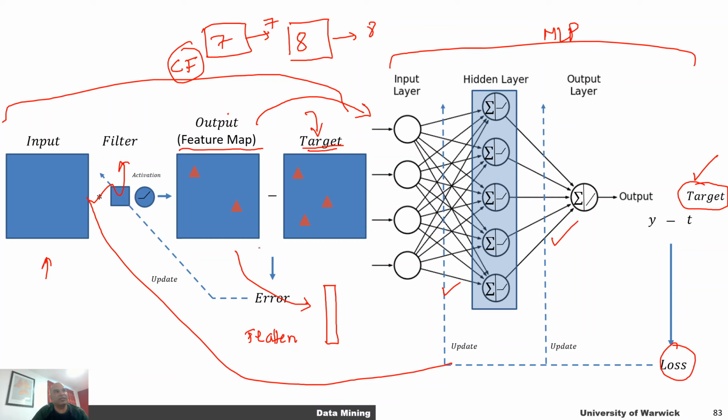That problem is that this output is still very large in size. If our goal is just to classify, this can be, let's say, 256 by 256 dimensional, and if you flatten this, it's still going to result in a very large input dimension for this multi-layer perceptron part.